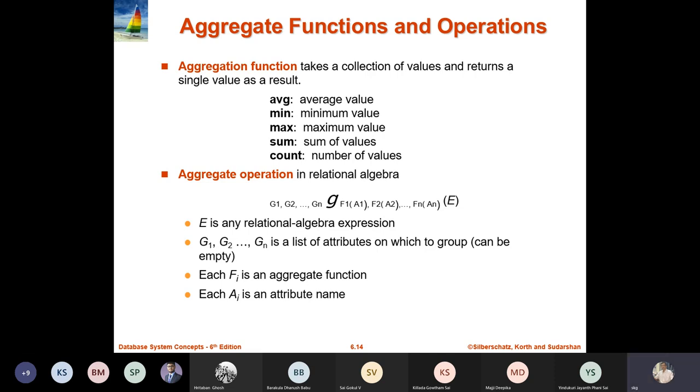right? It can be average, minimum, maximum, sum, and count. Ai is the attribute name on which this aggregate function will work. Especially in case of count, there is a thing called distinct count. Say I want to count the number of courses offered by the CS department in the union of autumn and spring 2021.